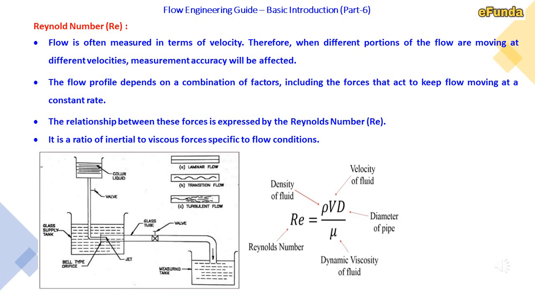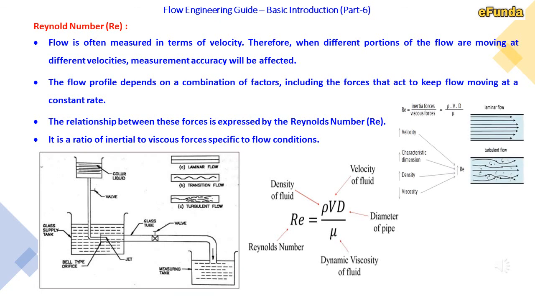This is very useful to understand the concept of various flows, that is laminar and turbulent flow, for which we have referred to some of the Reynolds numbers where the ranges are specified. This will be helpful to understand those numbers.